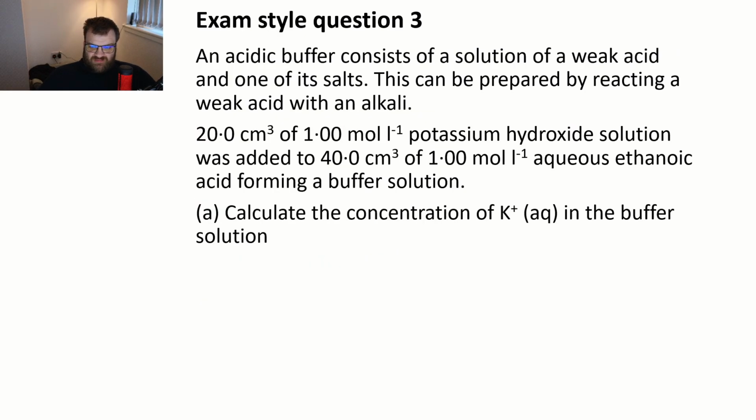In this question, we're given information about an acidic buffer. And we're asked, first of all, to calculate the concentration of potassium ions in the buffer solution. Right, now we are told a starting concentration, which is 1 mole per litre. Potassium hydroxide is KOH. Both have a valency of 1, so it's going to be just one of them in there.